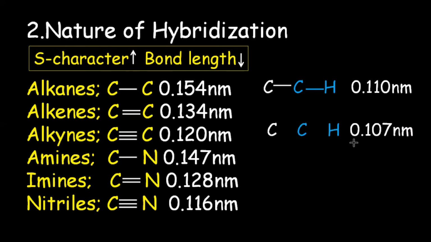The CH bond length attached to the sp2 hybridized carbon atom is 0.107 nanometer. The bond length of the CH bond attached to the acetylenic carbon atom is 0.106 nanometer. So as the s character increases, the adjacent CH bond length also decreases.